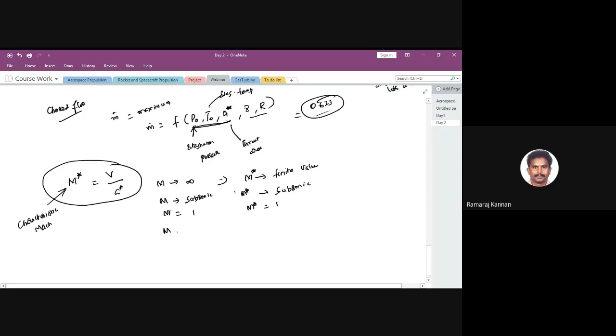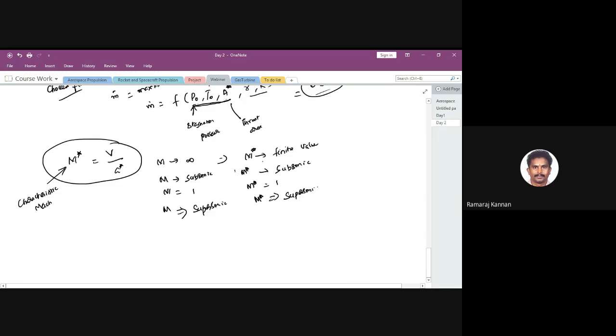When M is supersonic, M star is also supersonic. But when M tends to infinity, the characteristic Mach number tends to a finite value. For air, something close to 2.48, 2.6, like that it will be.